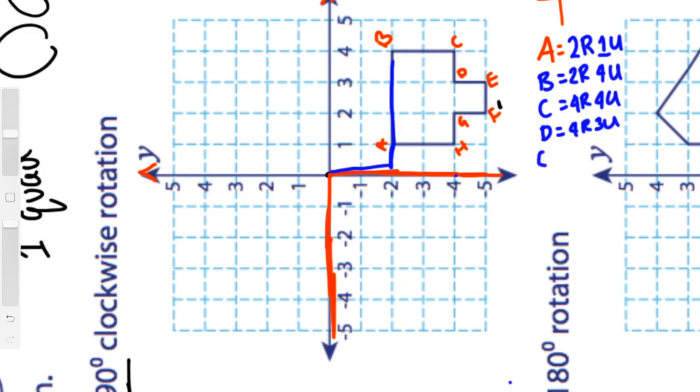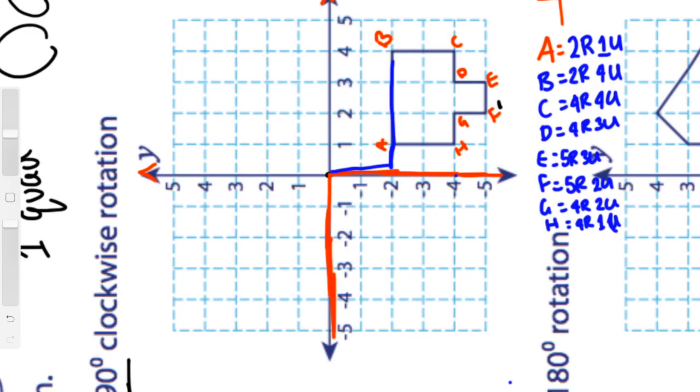E, 5 right, 3 up. F, 5 right, 2 up. G, why did I pick a shape with so many letters? That's right. 4 right, 1 up.